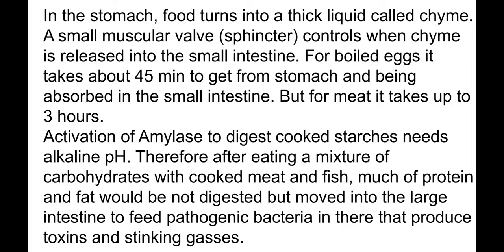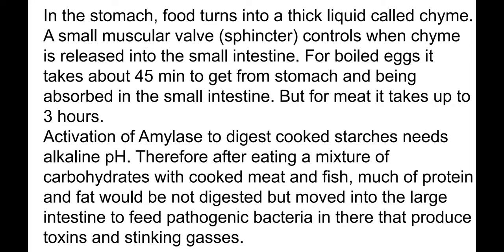Okay, indeed, if people eat a mixture of carbohydrates like boiled rice with pieces of meat and fish, then our body tries to save energy, tries to save time, and the gastric juice does not have high acidity.